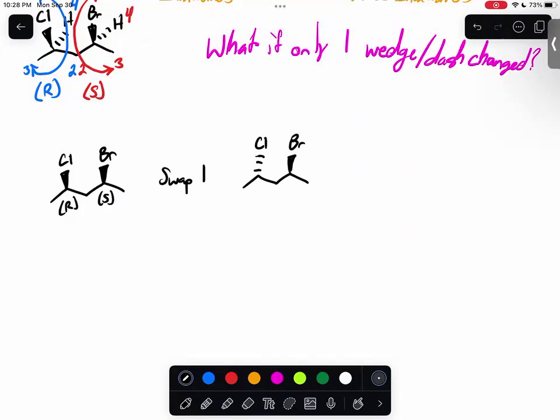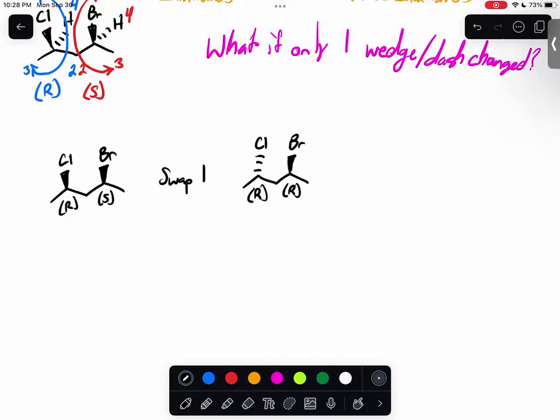Well, what we see now is the chlorine is now R stereochemistry. The bromine is now R, and these are not enantiomers, right? Because essentially they can't be enantiomers because only one of them changed, but not all of them.